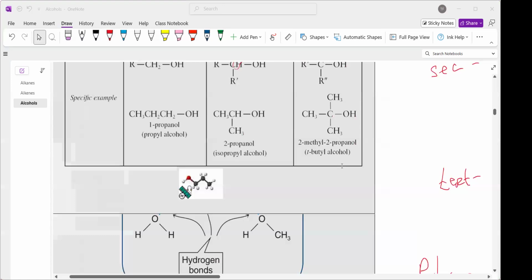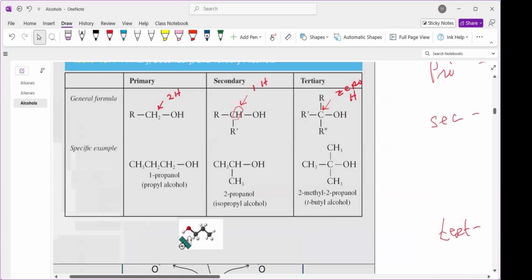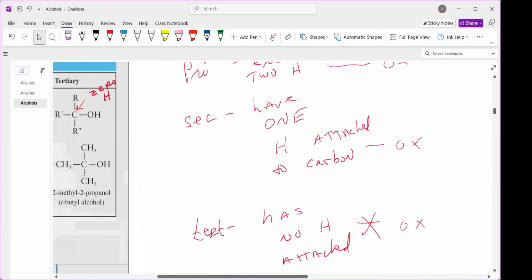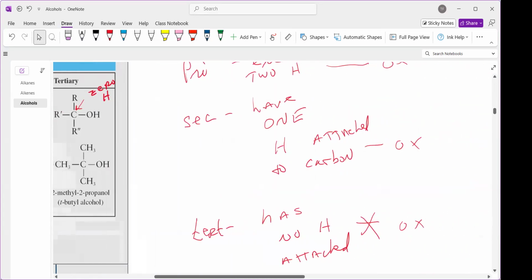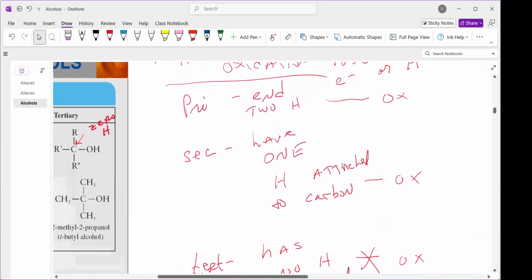tertiary. Now we get into nitrogens, amines, we're going to have the same thing, primary, secondary, tertiary, and quaternary with nitrogen, even more involved. Okay. So we'll get into reactions.